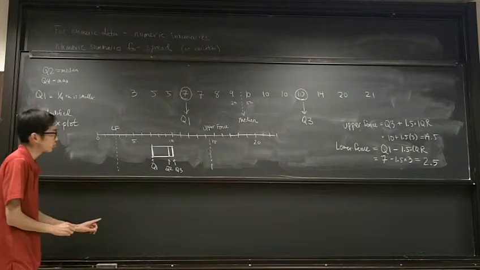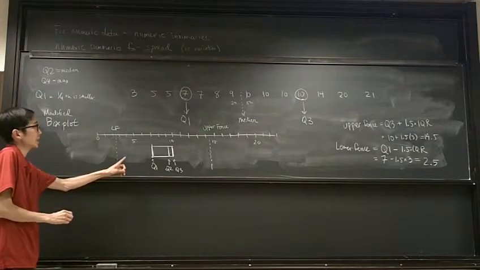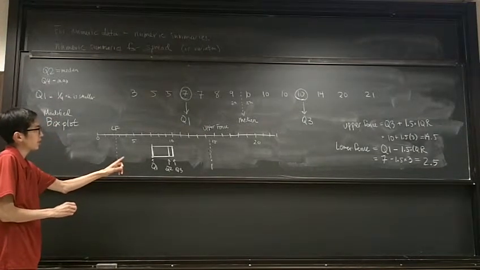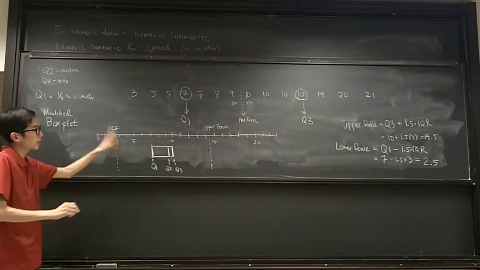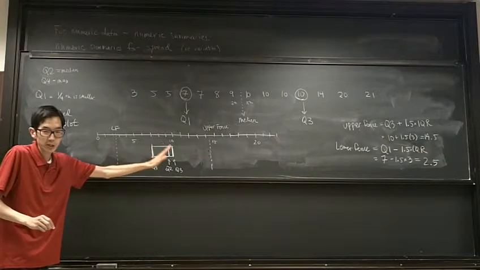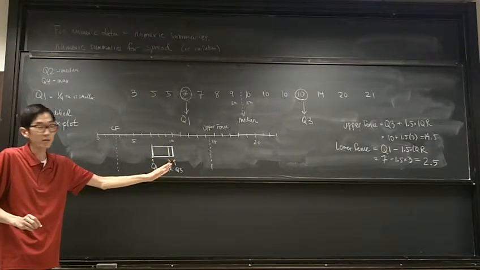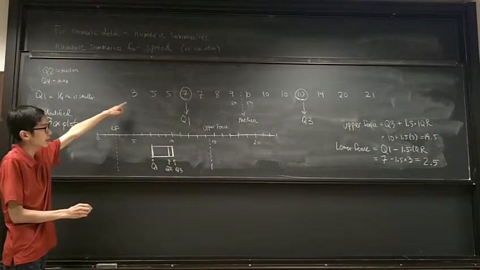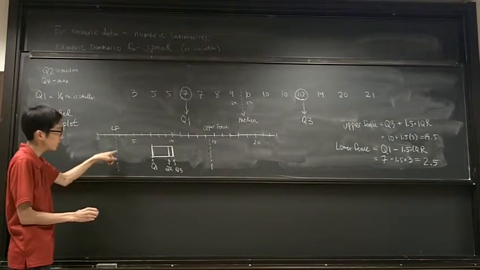Now I draw lines, or whiskers, that go to the largest and smallest data points that are still within the fences. What's the smallest data point that I have here? 3. Is 3 within my fence? Yes.